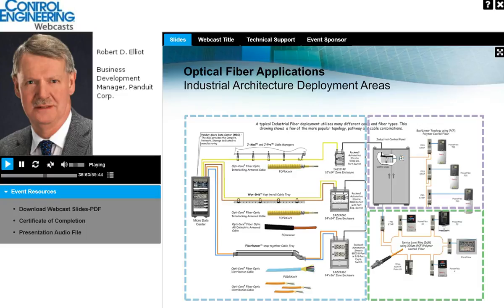The center diagram shows an example where a wire grid type pathway is used to support the fiber, and there we can use either the armored fiber or we can use, for example, dielectric conduited fiber.